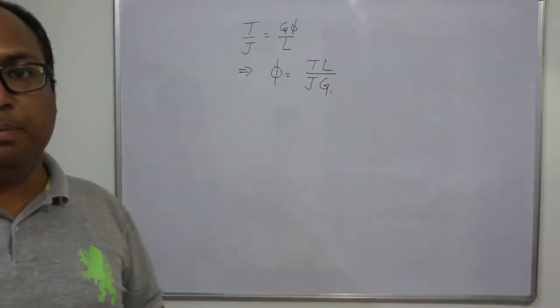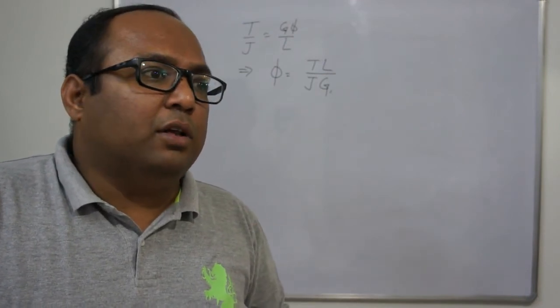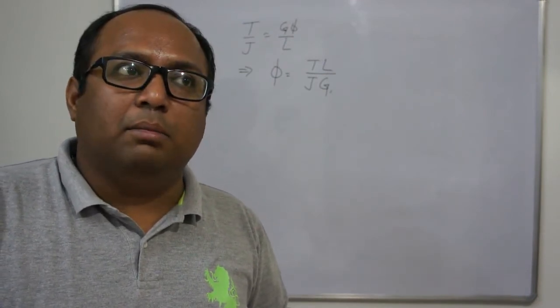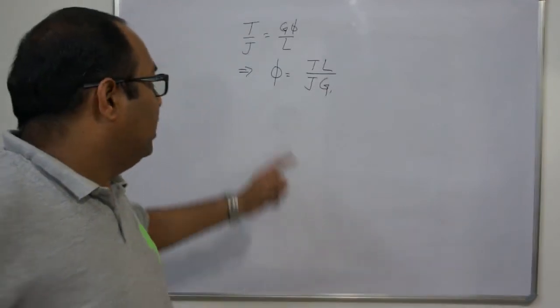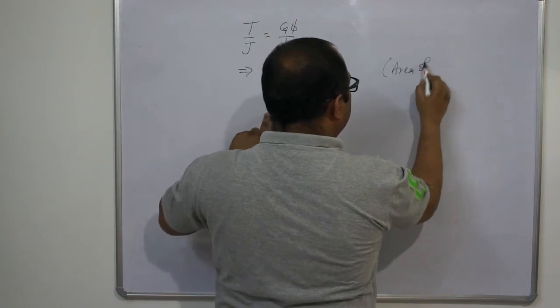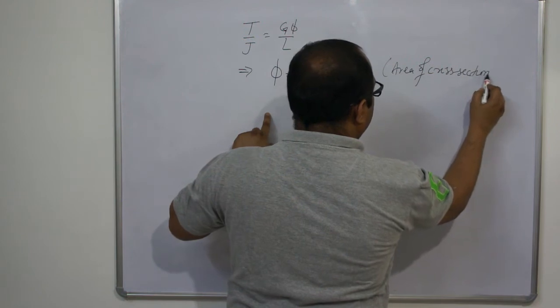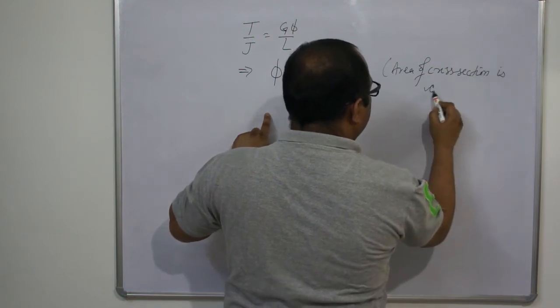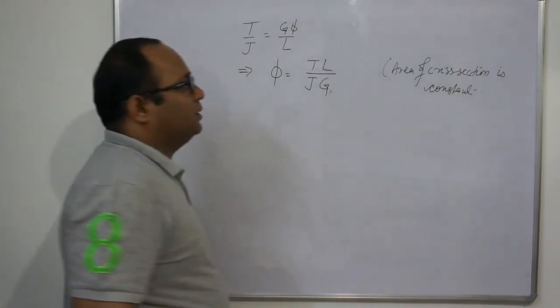So if you want to find the angle of twist, you can use this formula. Remember, these formulas have been derived with the basic concept that the area of cross section remains constant.